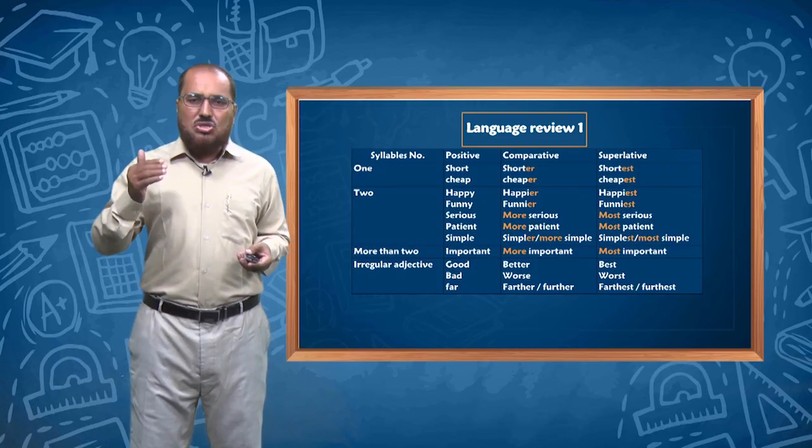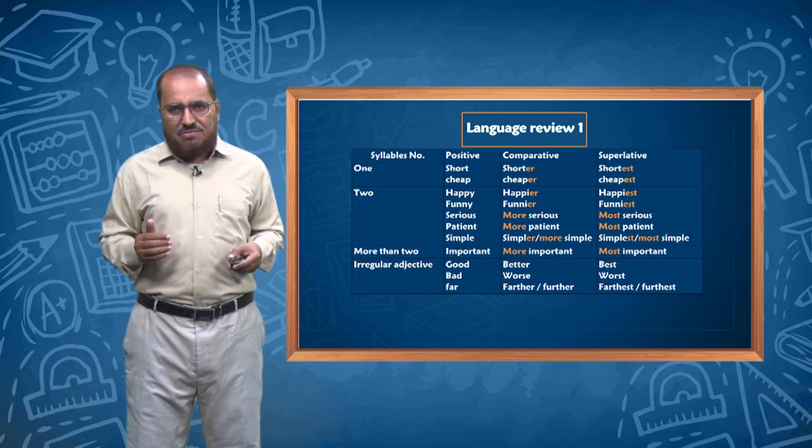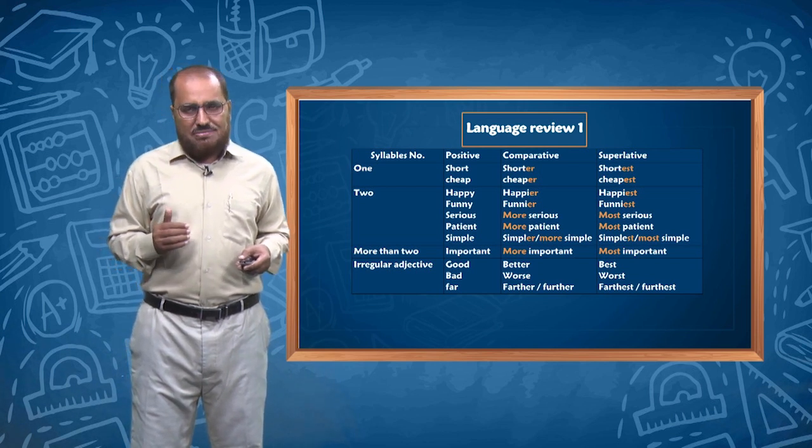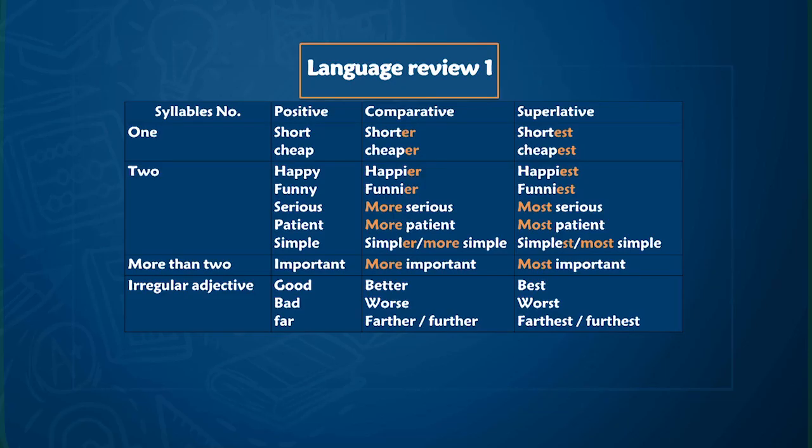Those adjectives don't follow the rule of the previous ones. For example, good. Yes, it's one syllable, but you can't say gooder, goodest. No. It has its own comparative and its own superlative. You say good, better for comparative, best for superlative.